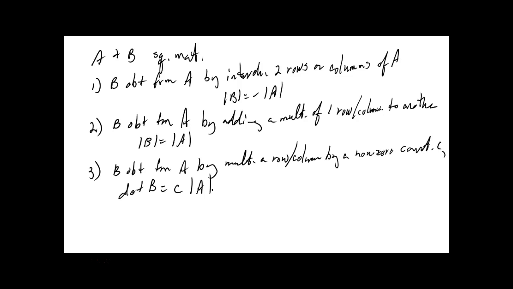When B is obtained by multiplying a row or a column by a non-zero constant C, then the determinant of B is that constant times the determinant of A. Okay. And they have a little proof there, and you're certainly welcome to go through it.